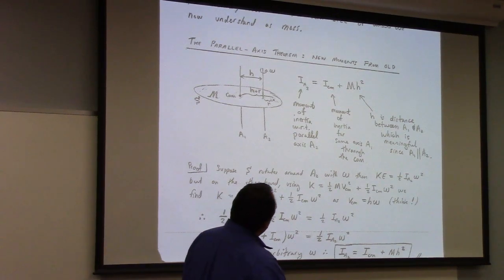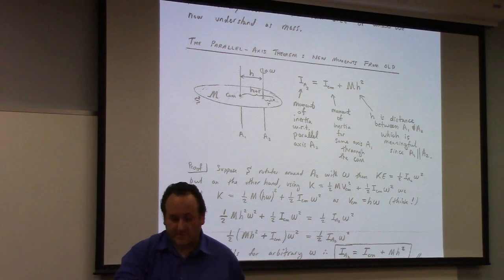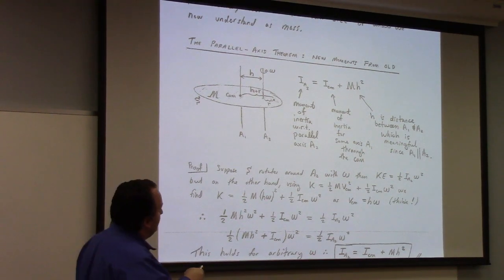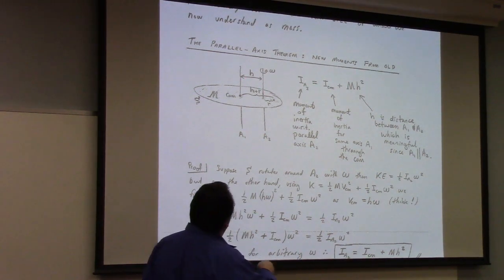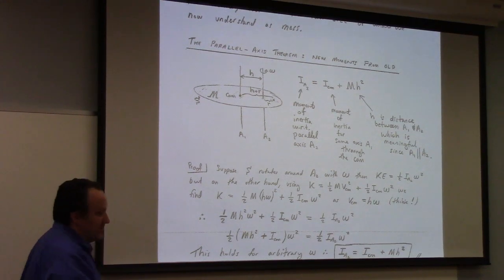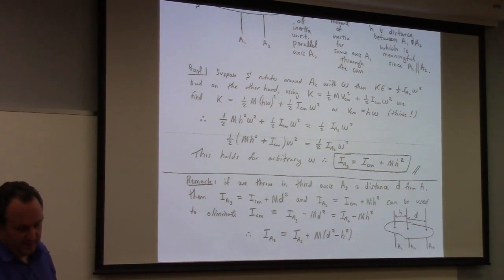The moment of inertia with respect to an axis parallel to the given one through the center of mass is the moment of inertia through the center of mass plus the mass times the distance between the axes squared. Well, that's the moment of inertia around the non-center of mass axis. And here's a derivation of it.